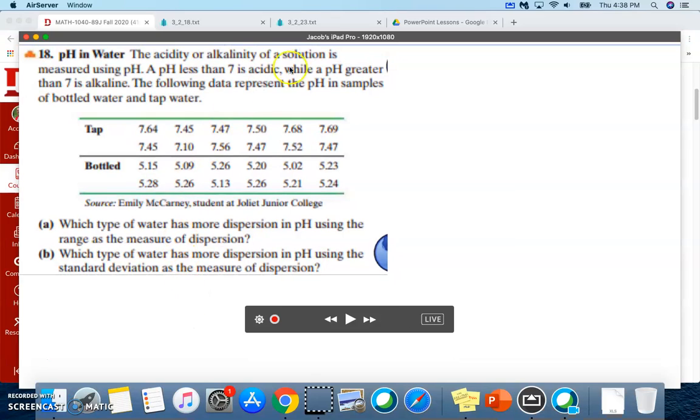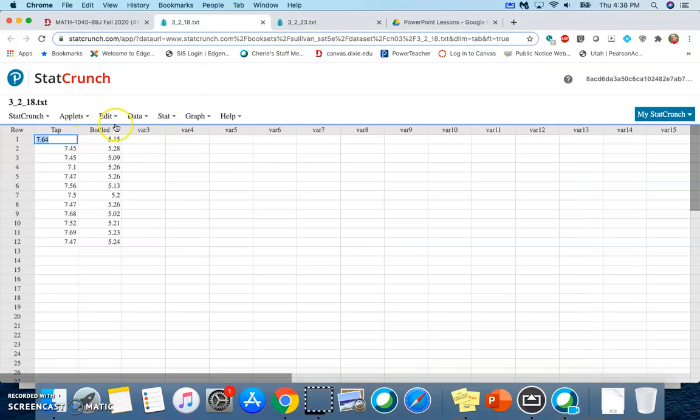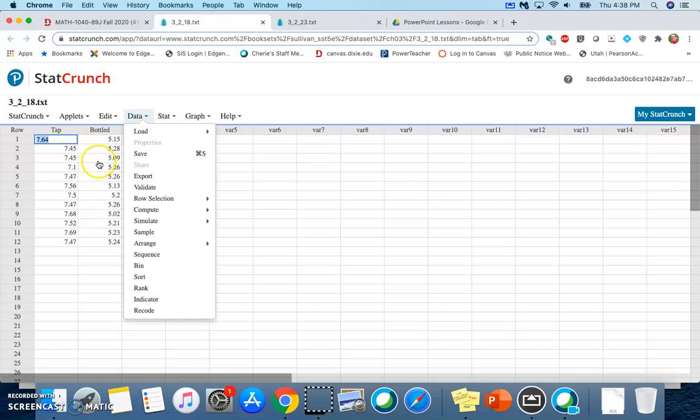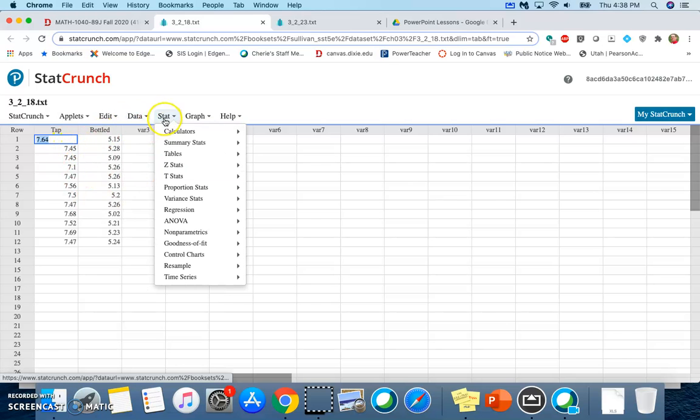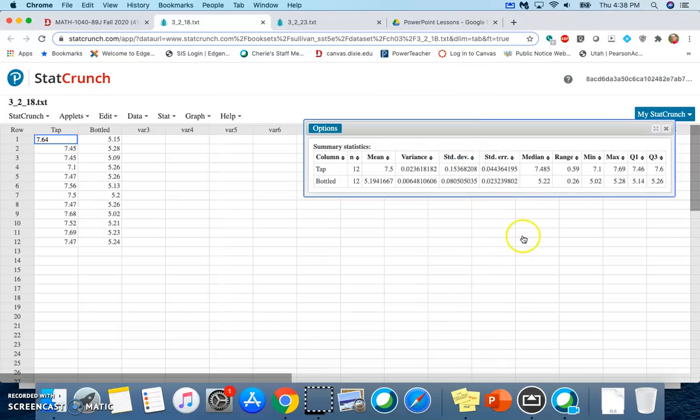So to use the range, I've got this pulled up right here. I've got all my data in. I'm going to go to Stat, and then Summary Stats, by Column. I'm going to highlight both of these, and you can see here highlighted is the range. I'm going to hit Compute, and the range of the tap water is 0.59, whereas the range of the bottled water is 0.26.